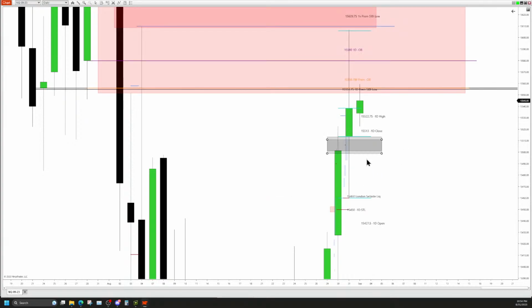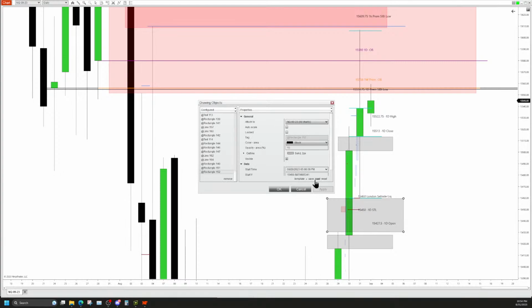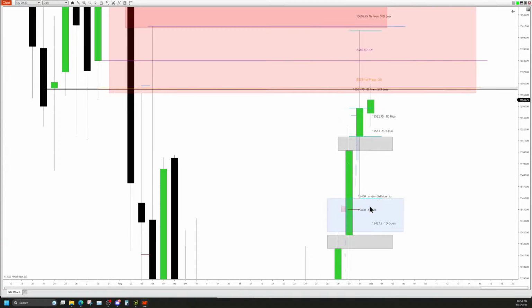Okay, a daily imbalance here. Daily volume imbalance down here too. And fair value gaps. Let's make this a buy side. So we know that those are there.